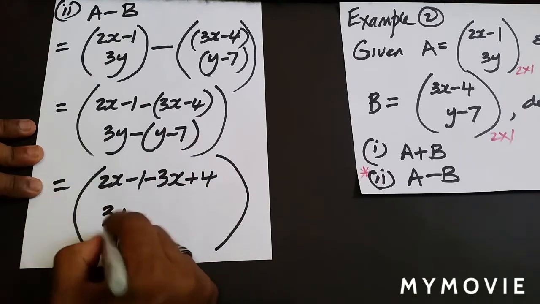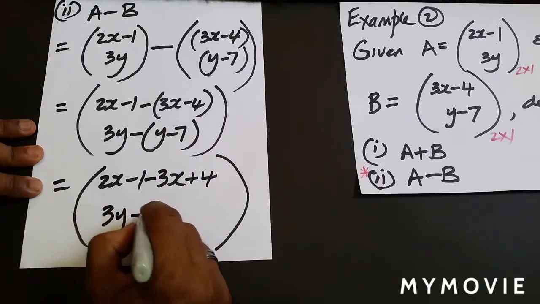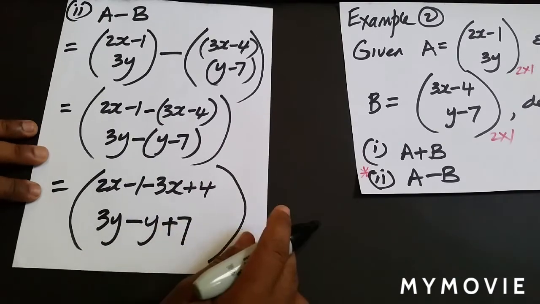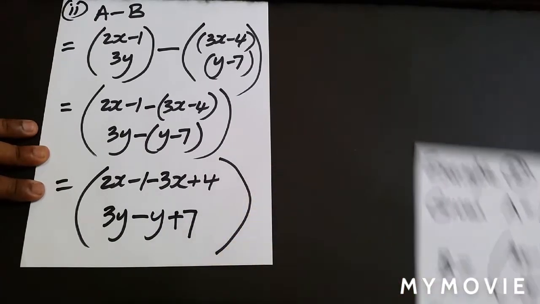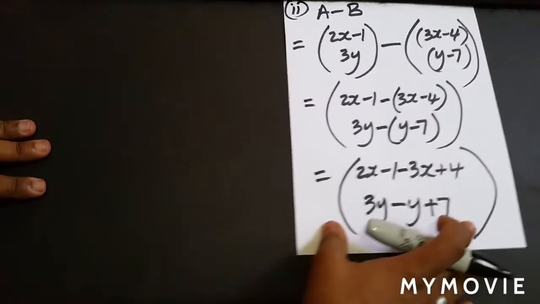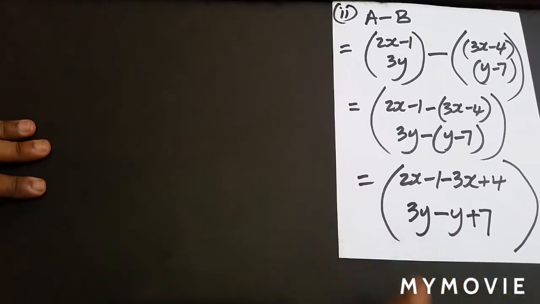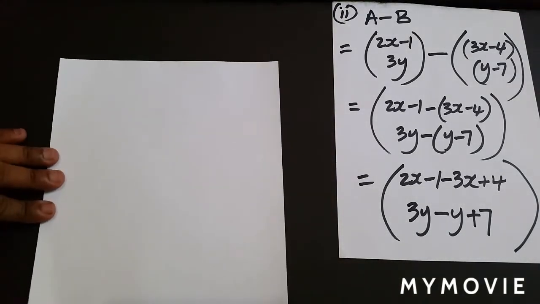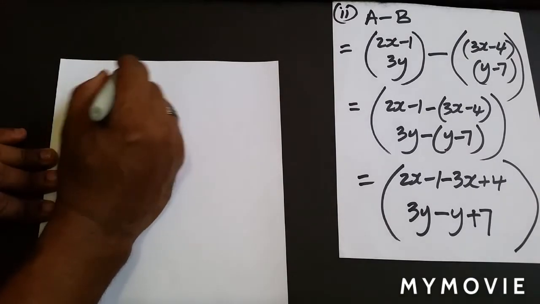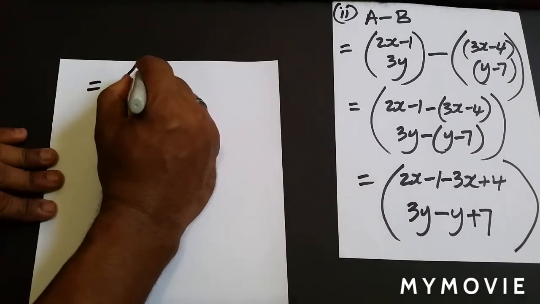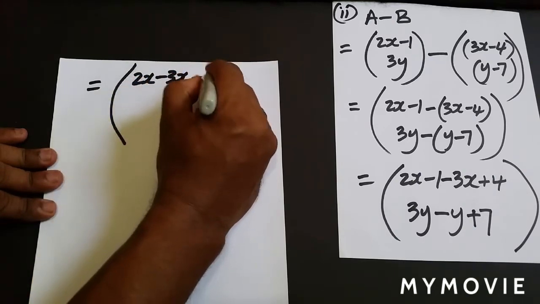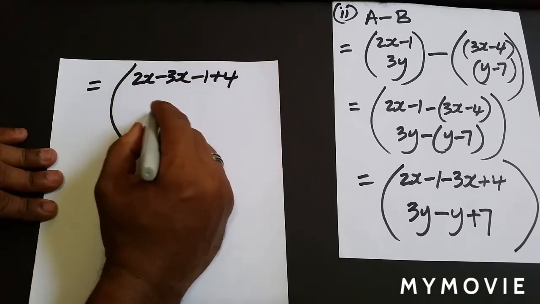For this one, 3y minus y plus 7. So far, this is what we have for the problem. Obviously, it's not finished, but we're on the way to completion. Continuing, we can group the like terms because I have a little bit of space. So 2x minus 3x, minus 1 plus 4 here.